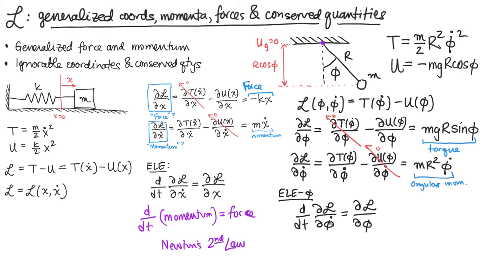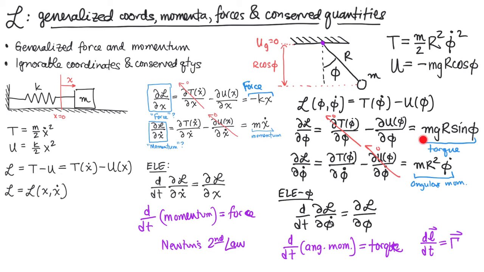If that's true, then this is saying the time derivative of the angular momentum equals the torque. Okay, well, that's just Newton's second law for rotations, right? That's dL dt equals the torque. Okay, so it seems like we've kind of come full circle on this.